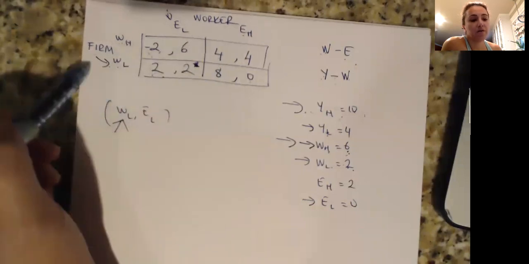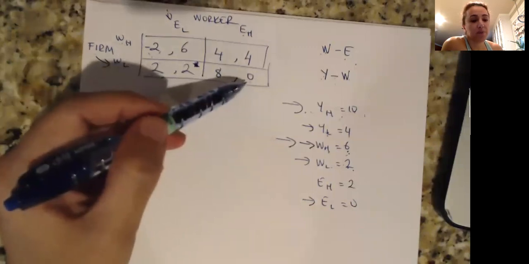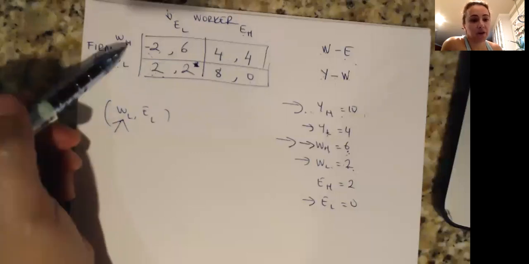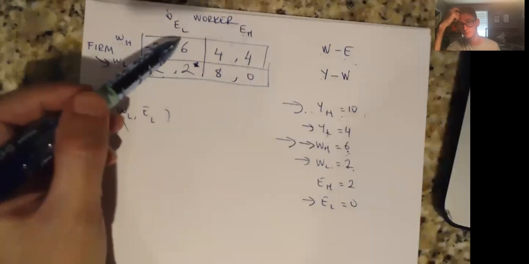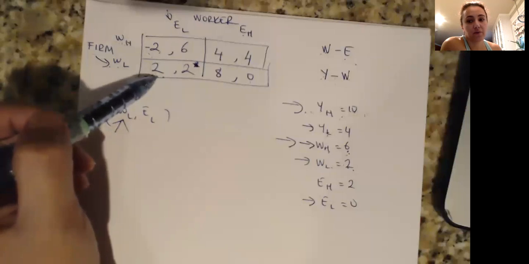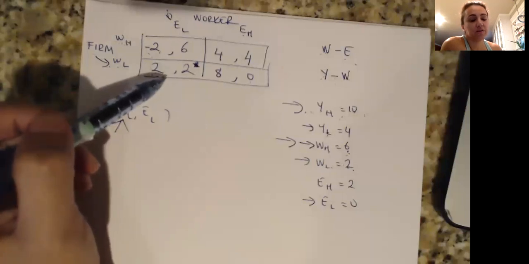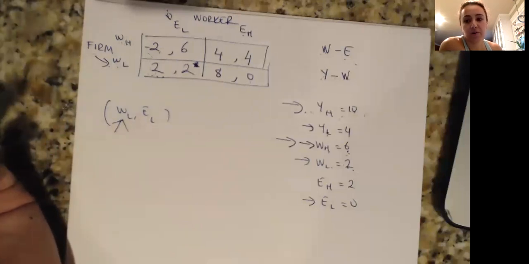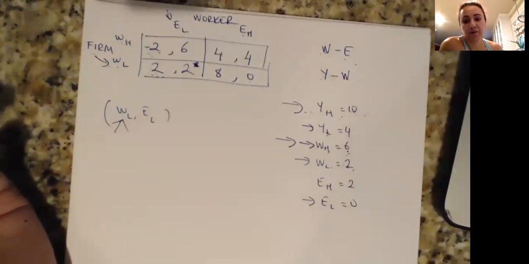The reason why the firm is playing WL is because he knows that if he plays WH, the worker is going to play EL, and he's going to end up getting -2, not 2. So this is the classic intuition behind prisoner's dilemma. Why do you confess in prisoner's dilemma? Because you expect the other player to confess too, and you know that if you deny, the other person is going to confess. Does this make sense?